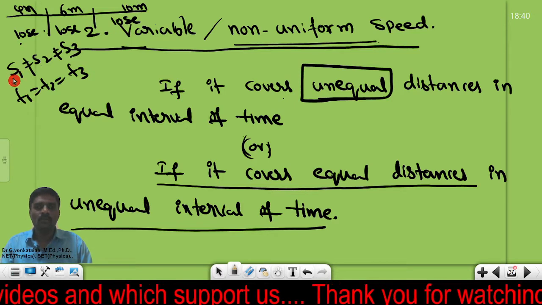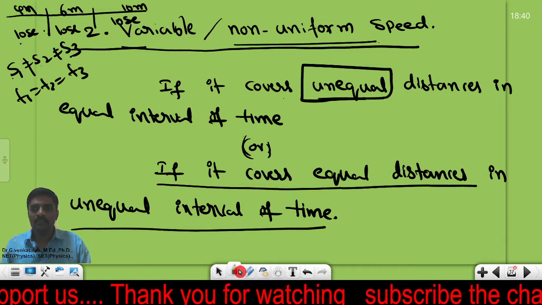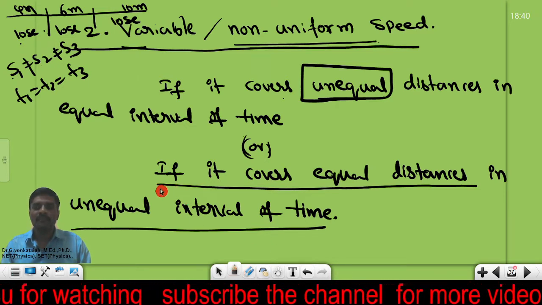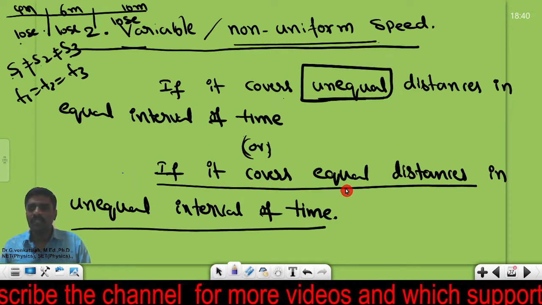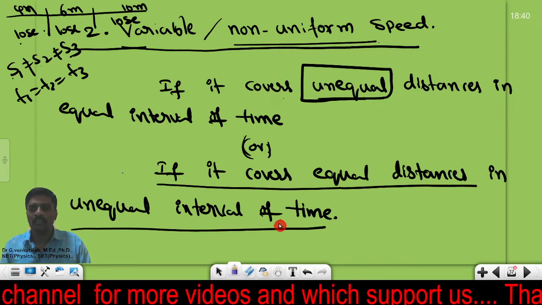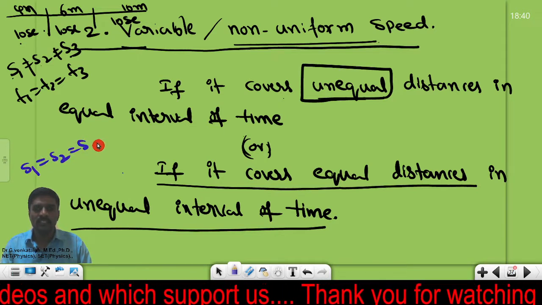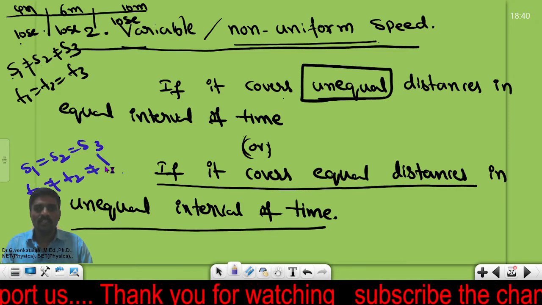Okay, no issue. Now we can take another definition: if it covers equal distance in unequal intervals of time. That means S1 is equal to S2 is equal to S3, but T1 is not equal to T2 is not equal to T3.